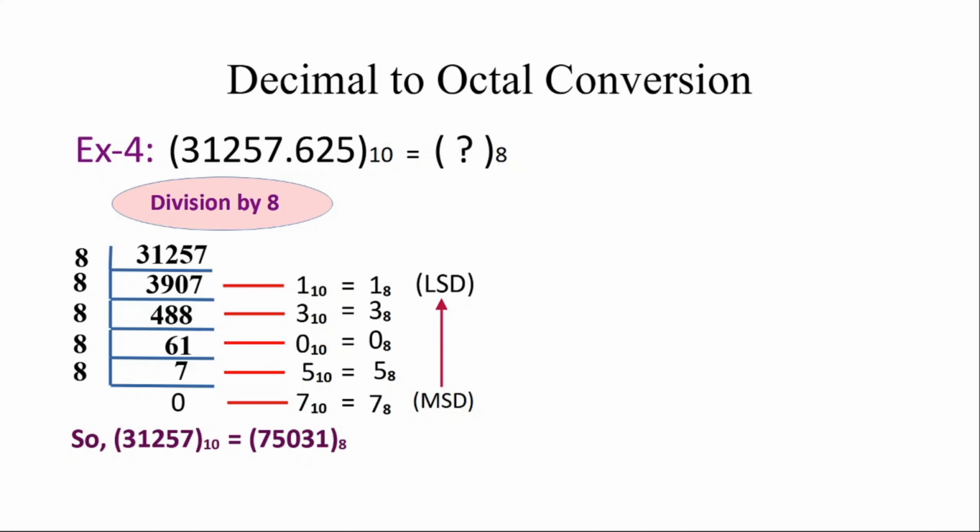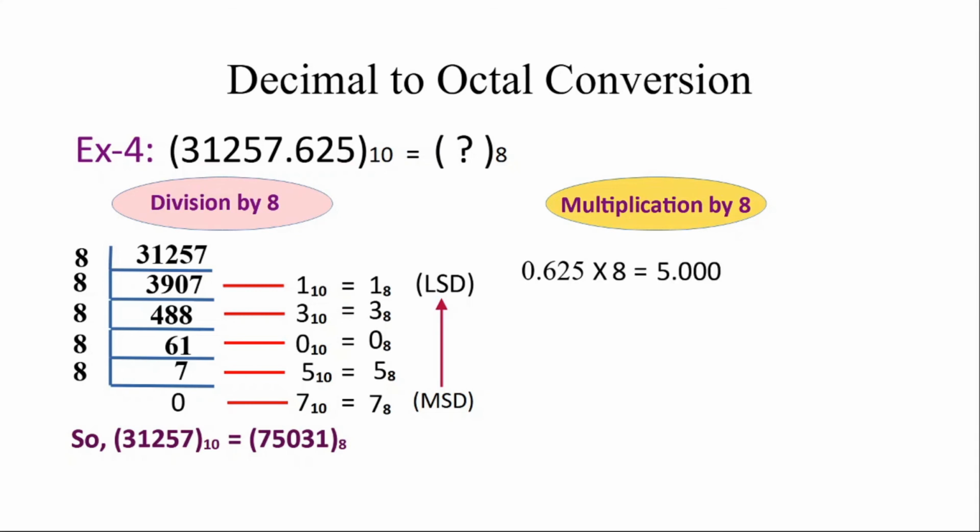Now for the fractional part, we have to perform the repeated multiplication by 8. Here we have to multiply the fractional part by 8, and if we do that, then we'll get 5.000, and then we have to extract out the whole number or the integer part, that is 5.